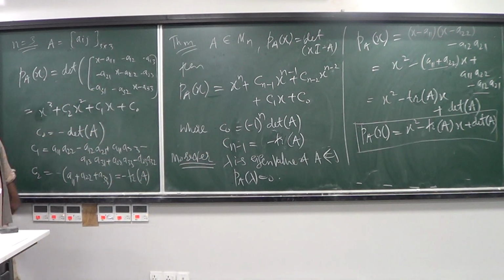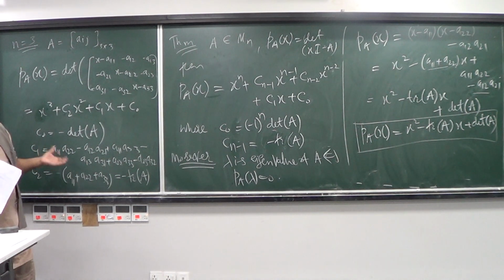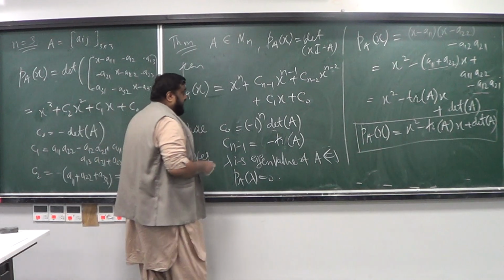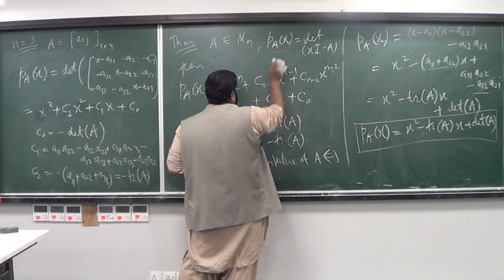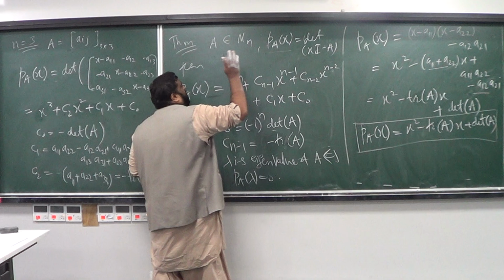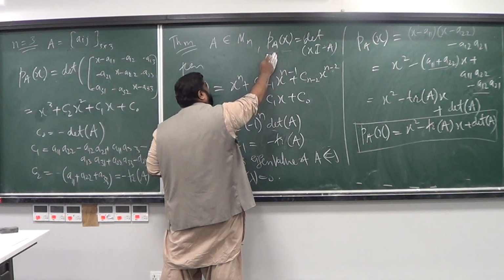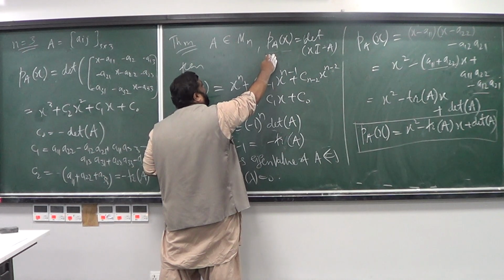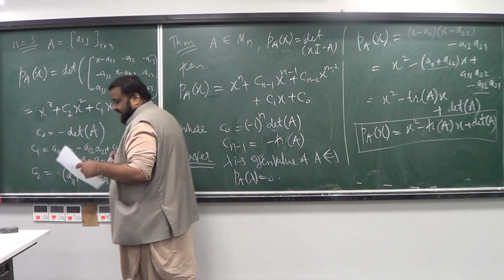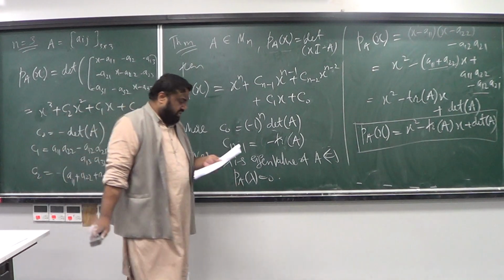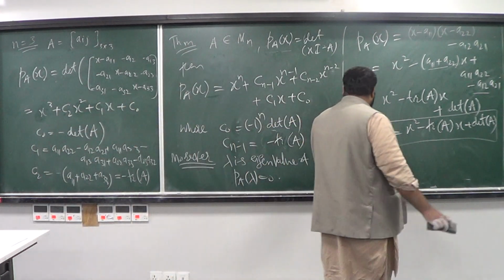So this is an interesting result that tells us that if you want to find the eigenvalues of A, go and study this polynomial, which is of this form, because all roots of this polynomial are eigenvalues, and any value that is an eigenvalue is going to be a root of this polynomial.